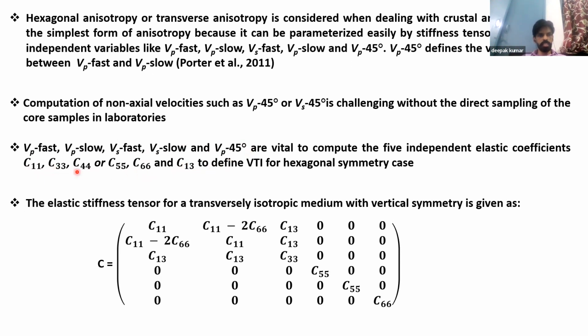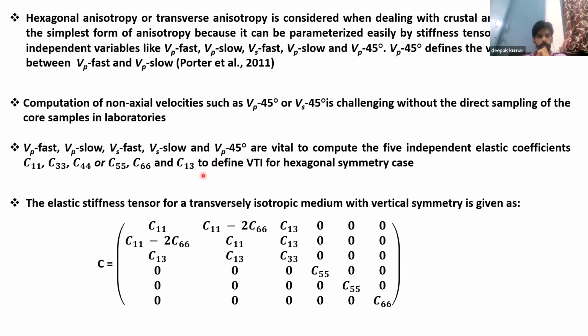C11, C33, C44, C55, C66 can be computed from VP fast, VP slow, VS fast, and VS slow. But VP45 cannot be computed. It can only be measured in the lab, because in the lab I'll take the rock sample, shoot the seismic wave at 45 degrees, and record the value. But for in situ, it is not possible.